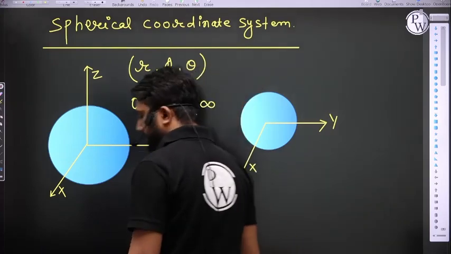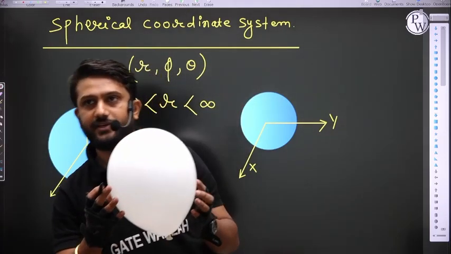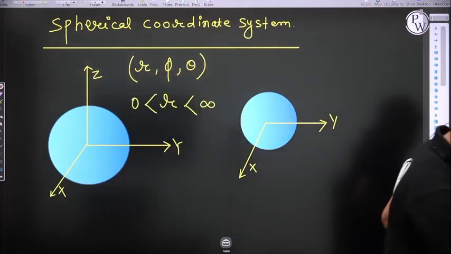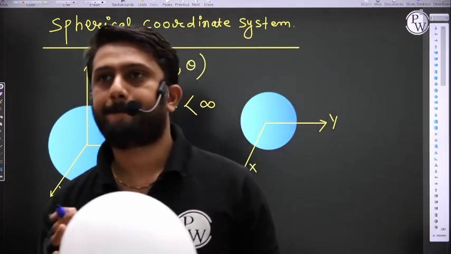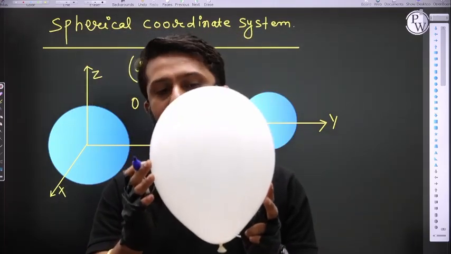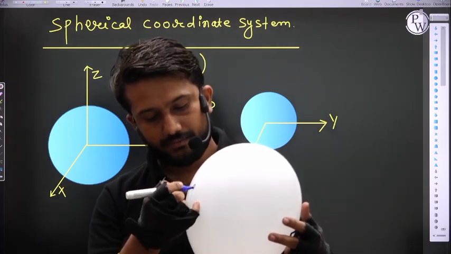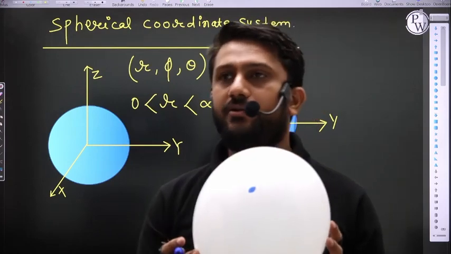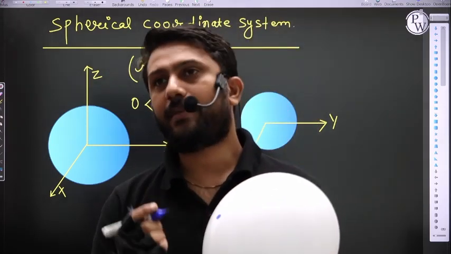Now see here. First let us assume this is a sphere, and I want to locate a point on this sphere. Let us assume I want to locate this point. So to locate this point, what parameters are required?